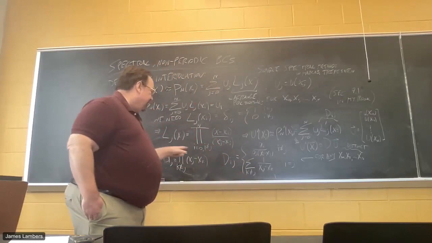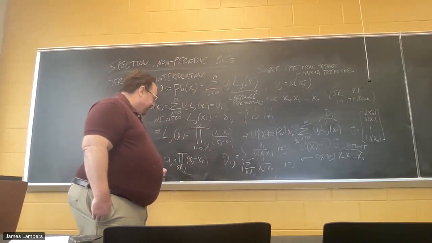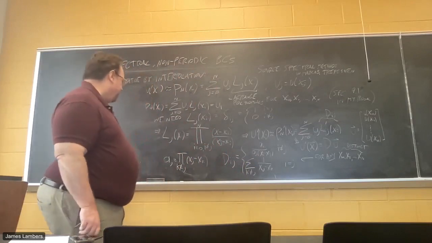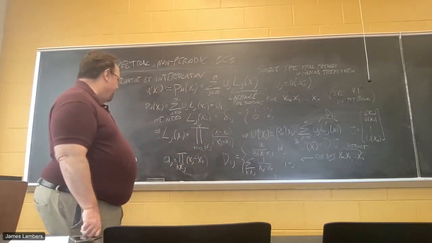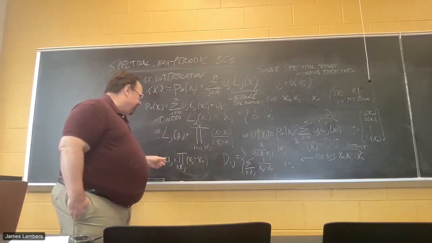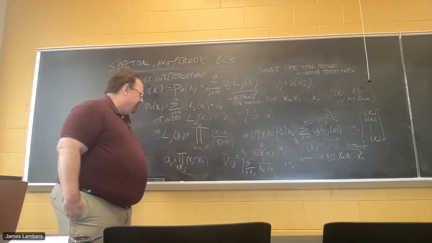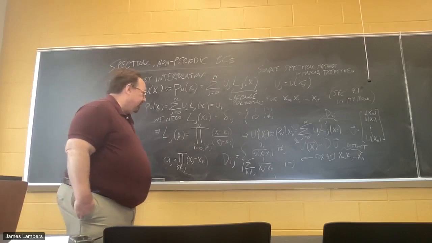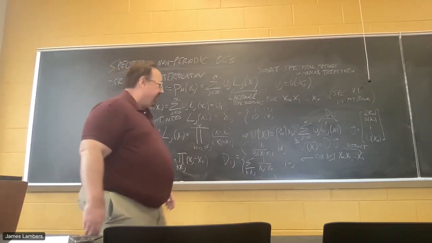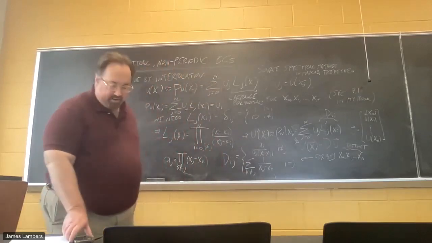Each of these products is expensive to compute, because in this case you have n+1 of these products to compute. Each one of these involves n factors to multiply. So it would take order n squared work to compute all of these, and then go ahead and fill in the matrix. All right.